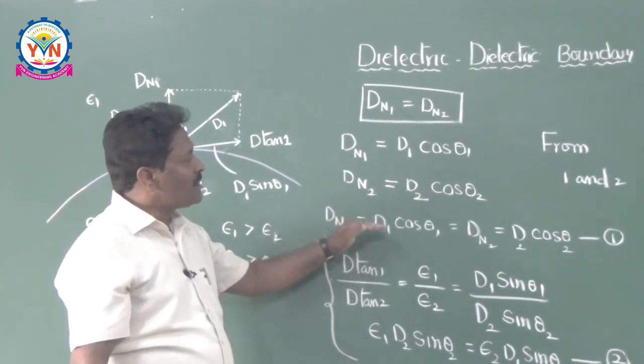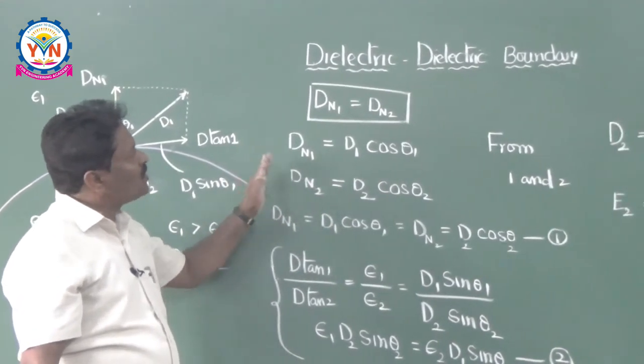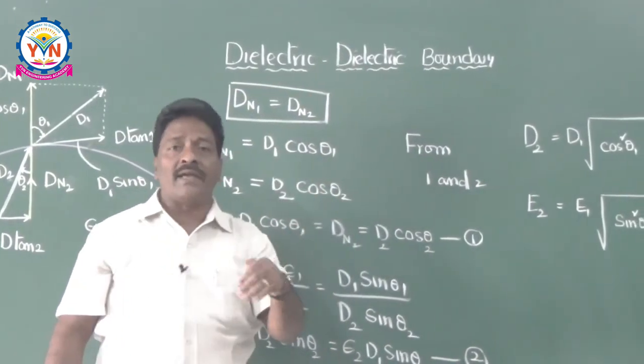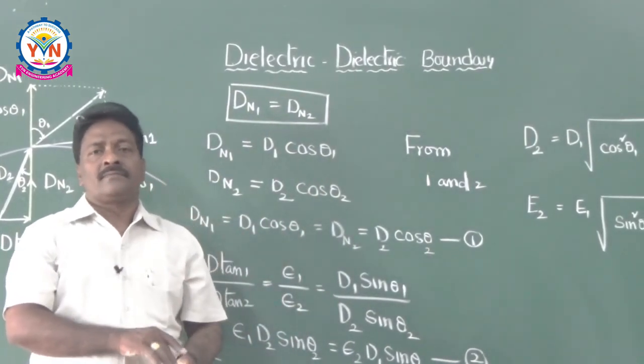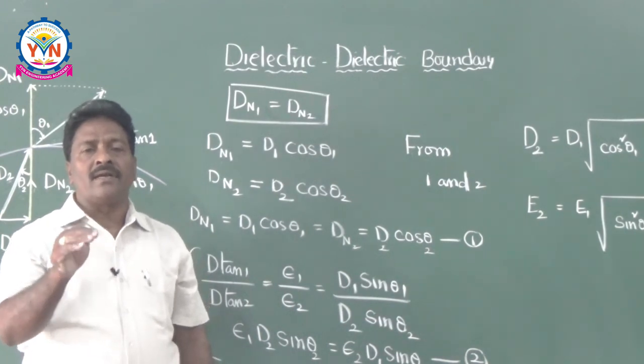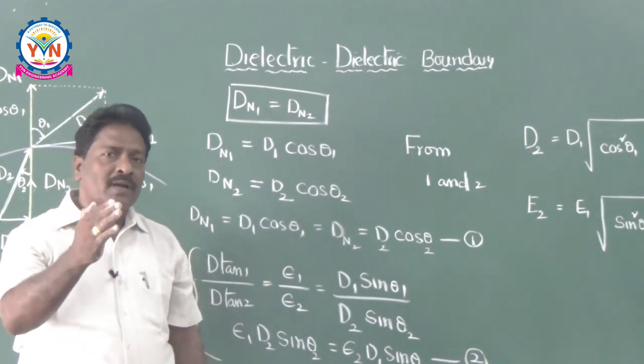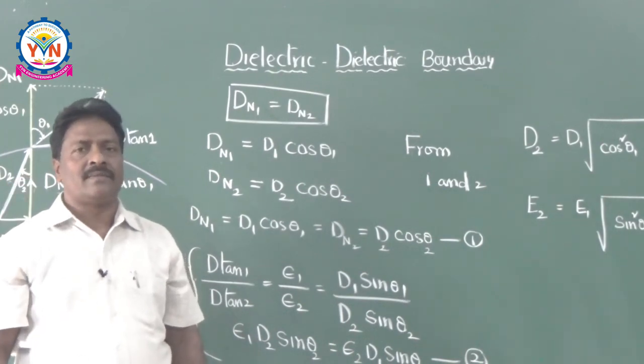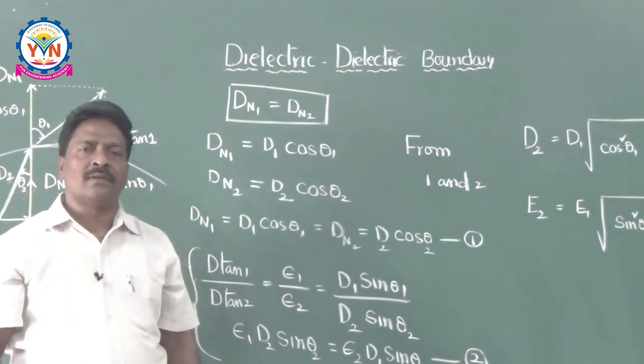So with this, I hope you understood the concept of dielectric to dielectric boundary conditions. Once again, I can conclude like this. In the boundary conditions, the tangential component of E and the normal component of D are continuous. That means there are two continuous components.